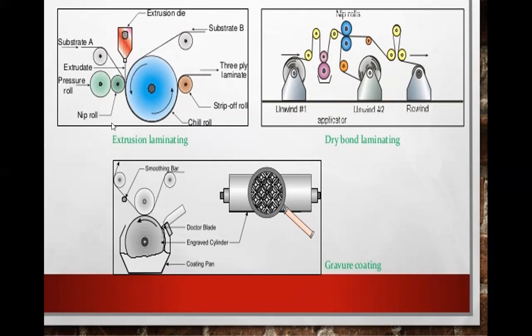The nip rolls and the chill rolls are also rotated in the anti-clockwise direction. We get the plastic in the form of thin sheets, and they are laminated one above the other. So this is about the laminating process.